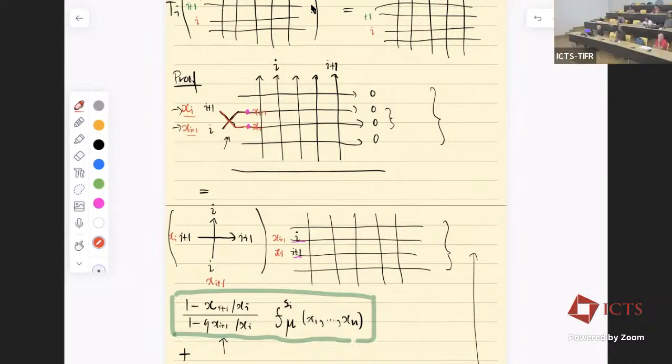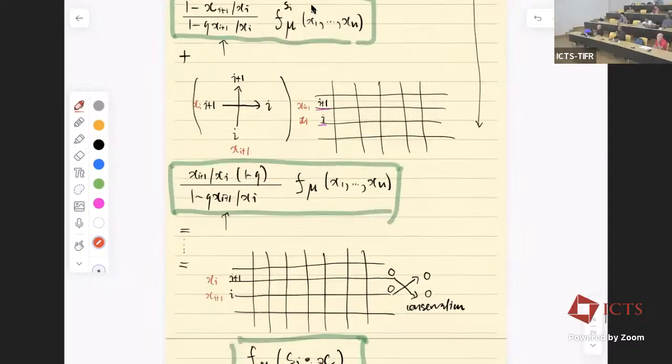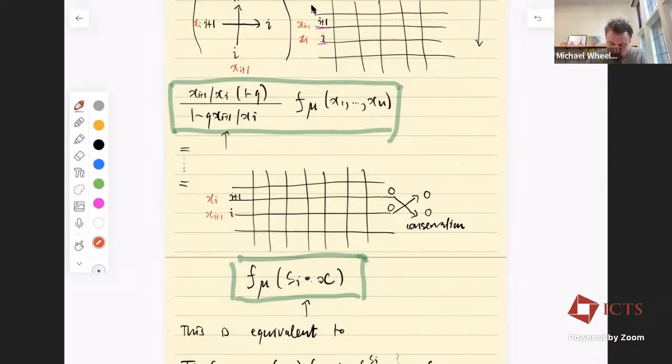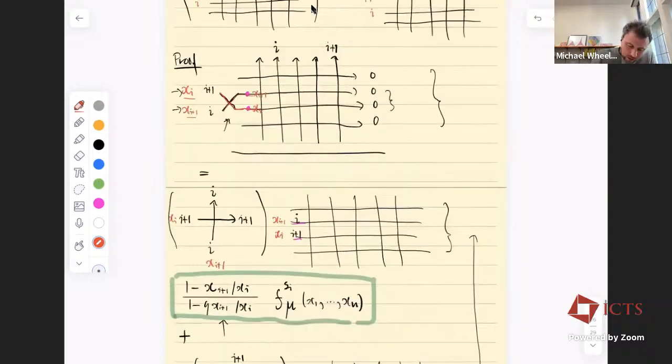But they are switched in the left-hand side, right? Oh, you mean in the right-hand side? Oh, you mean here? No, no, in your first figure. In the very first figure, yeah. So what's written here is correct. But then I'm confused as to why I and I+1 are out of order.